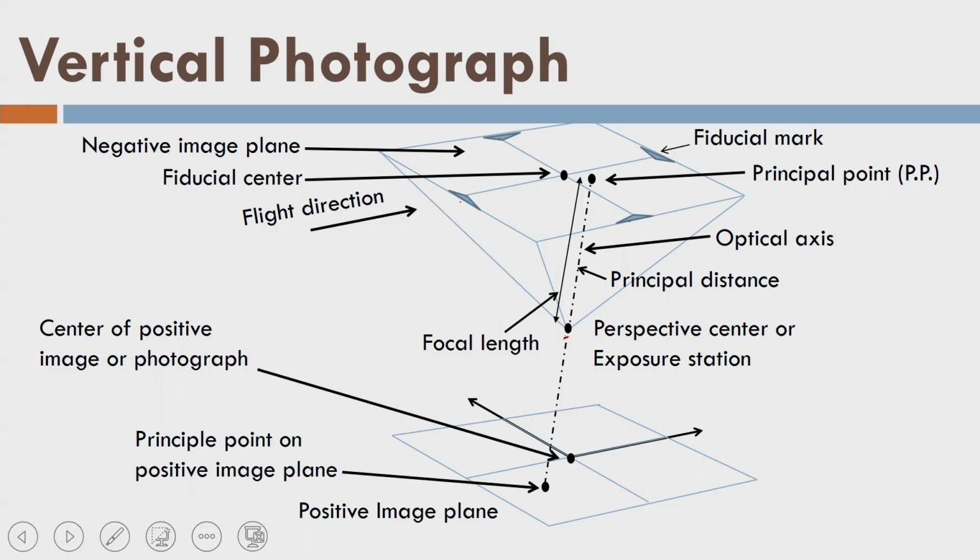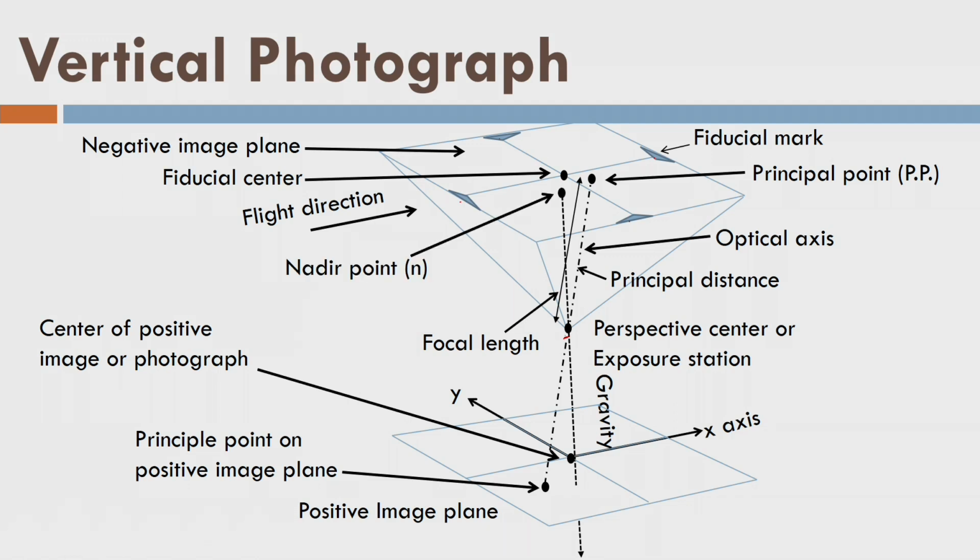Okay. So, let us draw some axes, x axis and y axis, on the photograph, so that I can refer to any point in the positive image. Like this is the gravity direction. So, now you can see even the fiducial center of the image is not matching with the nadir point.